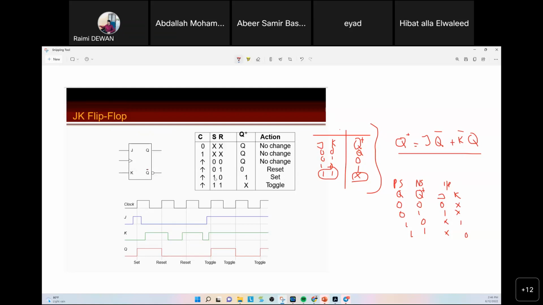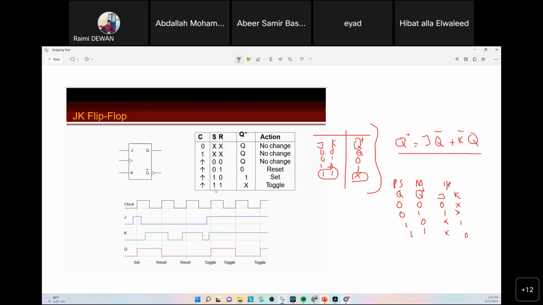And the next is J is 1 and K is 0. So it will be set. That's why from 0, it's set to 1.